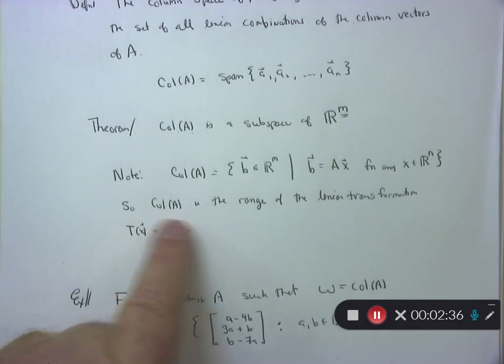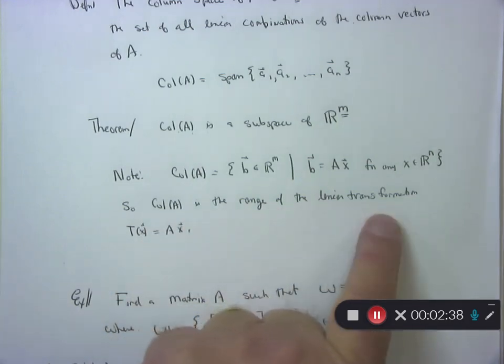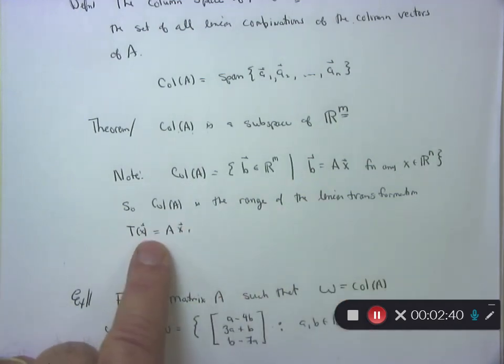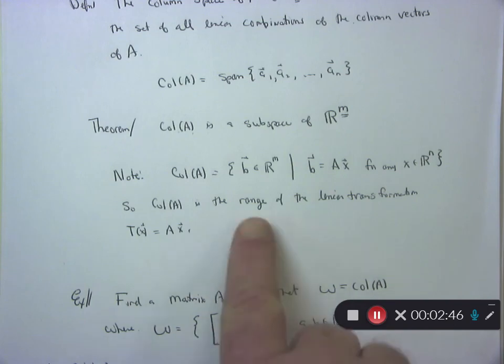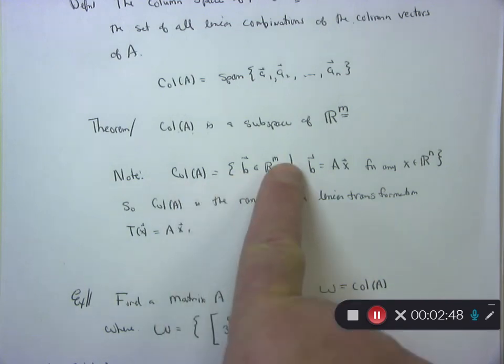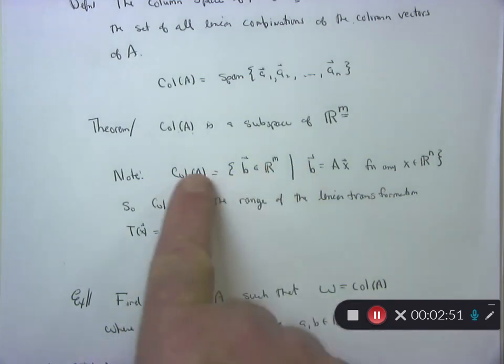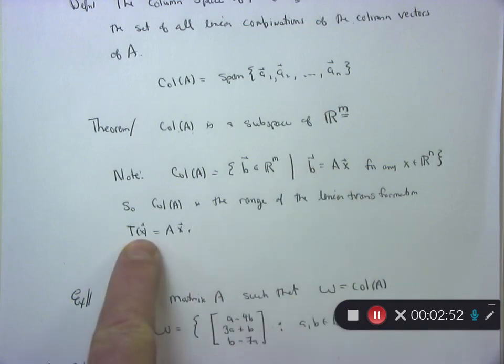So the column space is in the range of the linear transformation T of x equal to Ax. Back to this linear transformation. We're going back to these guys. So it's in the range. So to be inside of Rm, you're going to be in the range of the matrix A or the linear transformation T of x, which is represented by matrix A.